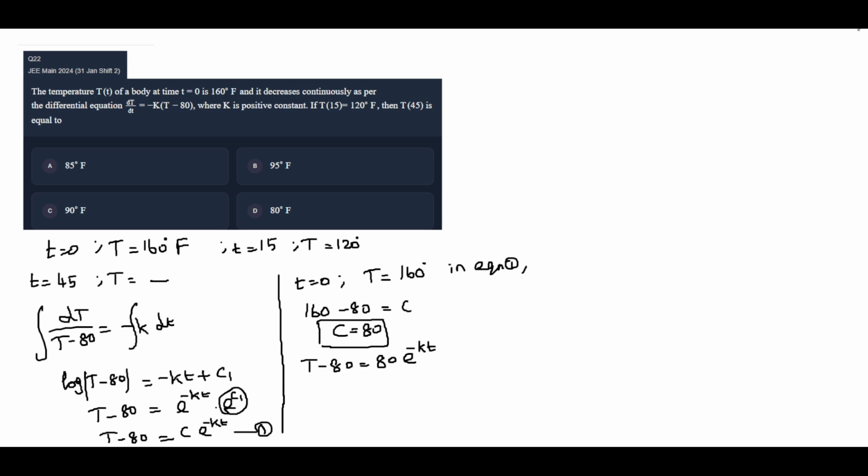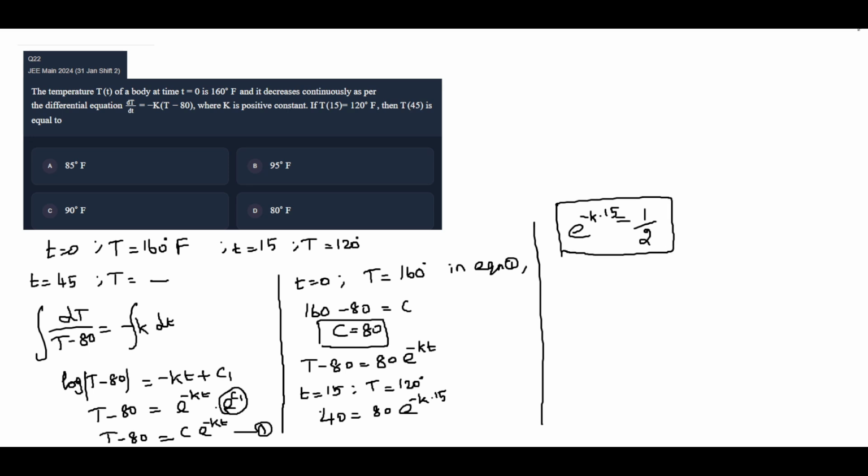Now using the second condition, t equal to 15 and capital T equal to 120 degree, so 120 minus 80 is 40, which is equal to 80 e power minus k into 15. Now e power minus k into 15 is equal to 1 by 2.